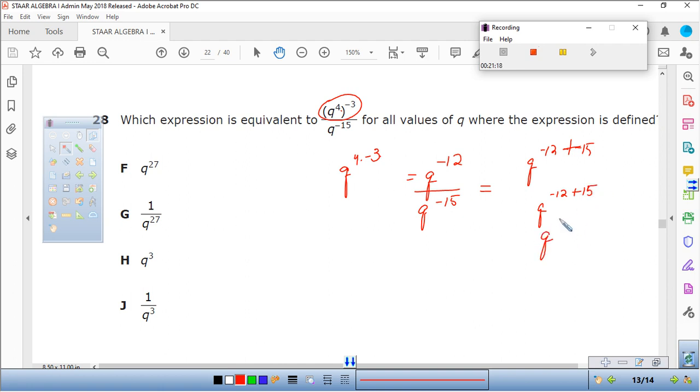Q, that gives me 3. What's my final answer? Since it's positive, it stays there. Okay.